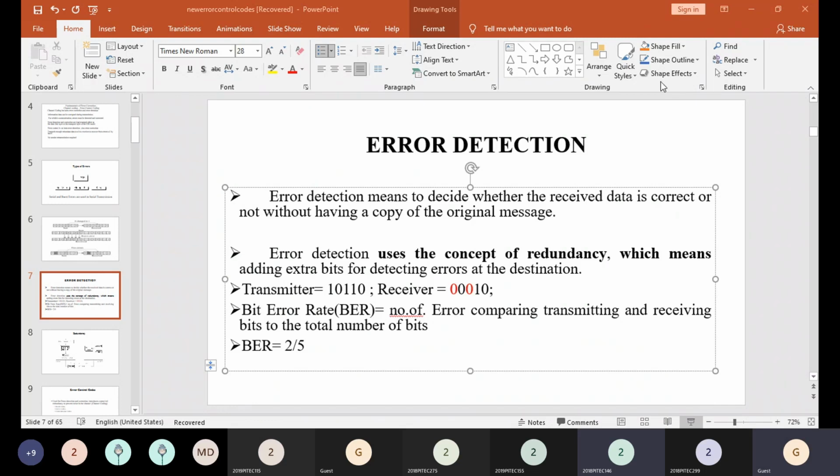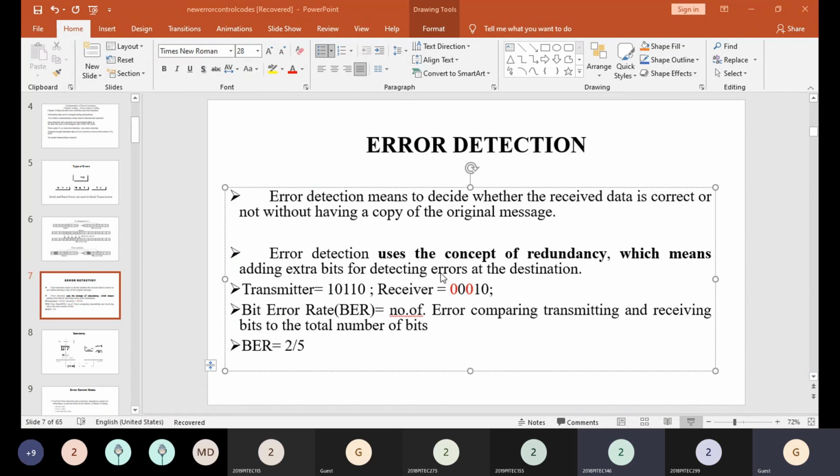Then you can find out what is the received code word. The received code word R is, as it is written here, C plus E.